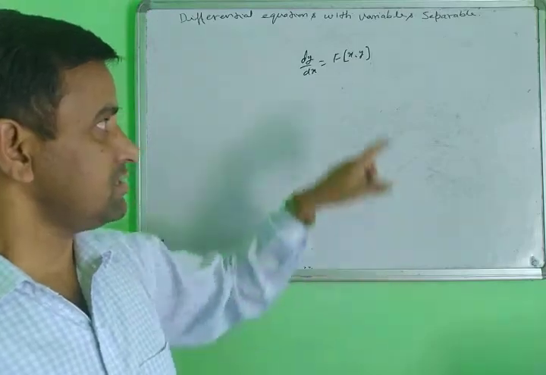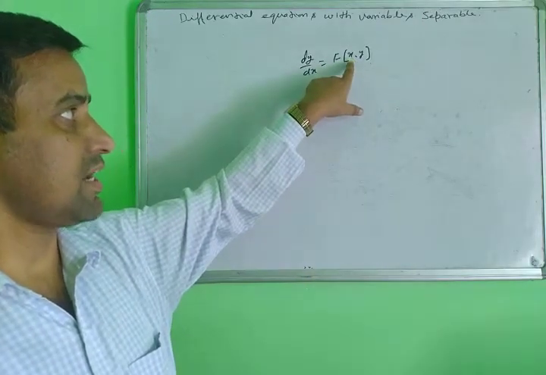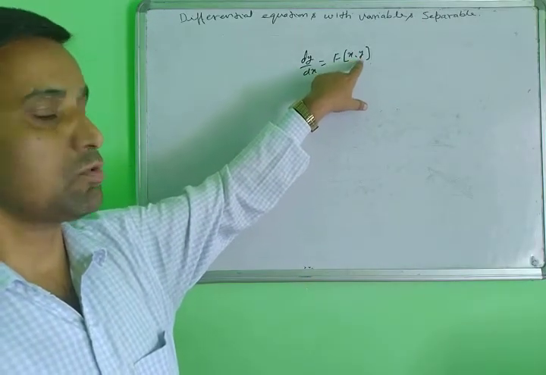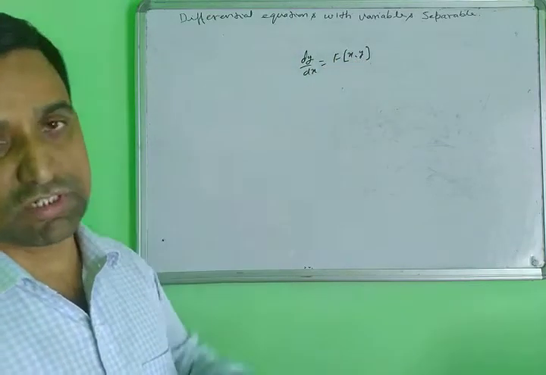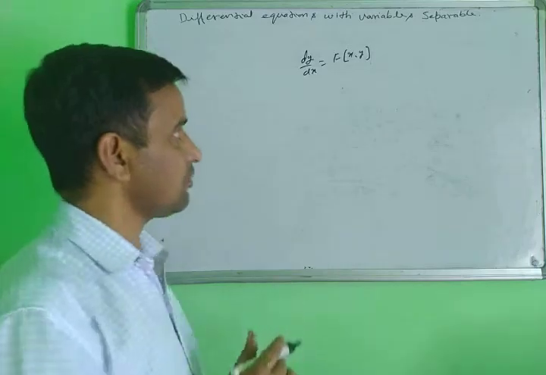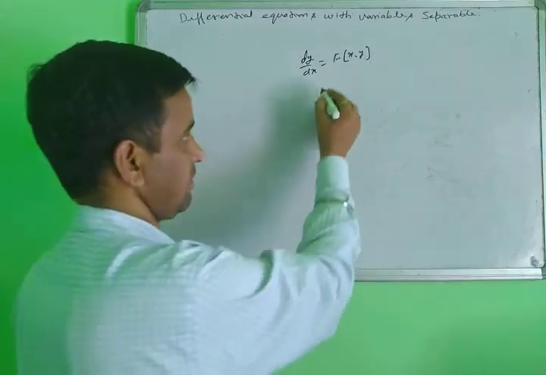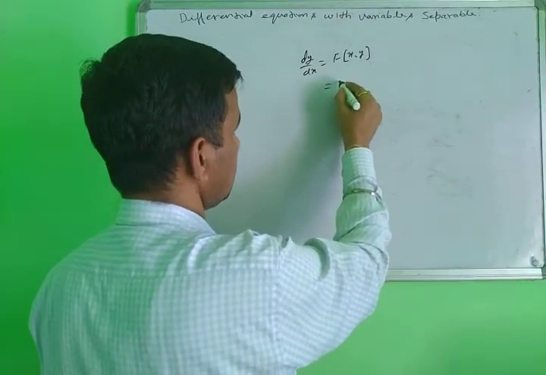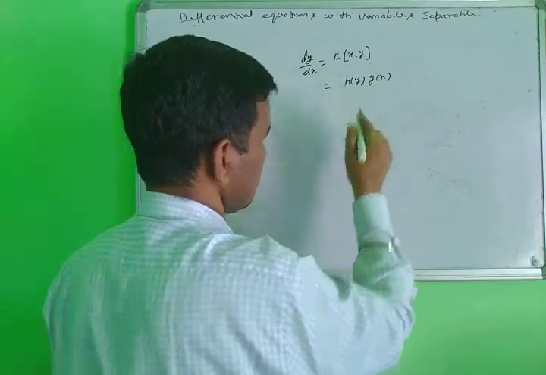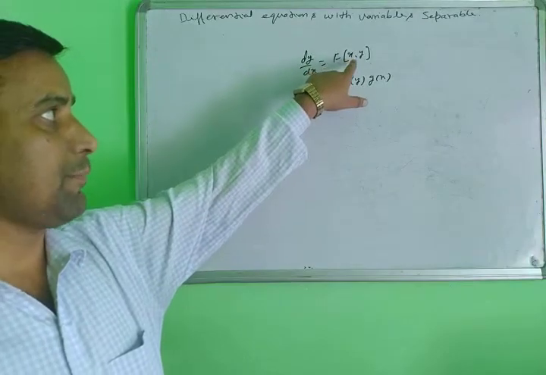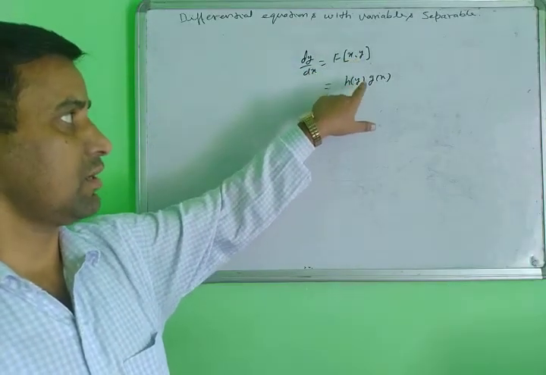Here there are two variables, x and y, or any other two variables. So how do we solve this first order first degree differential equation? First of all, you will separate the functions hy and gx. First of all, you will separate the variables.